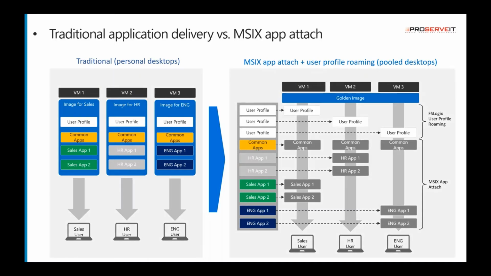As we flip to the MSIX app attach process, you can see in this scenario, we're able to maintain just a single gold image because none of our information is actually stored there. So as our user logs in, we're having our user profile applied through that FSLogix user profile roaming. We're able to then leverage MSIX app attach to embed common applications, as well as the departmental applications to build that custom desktop for each user individually.